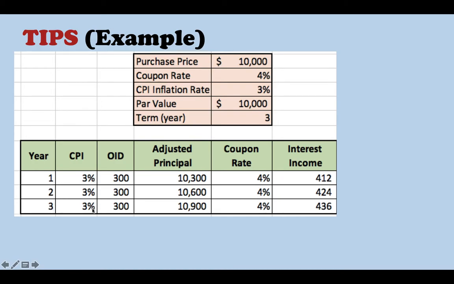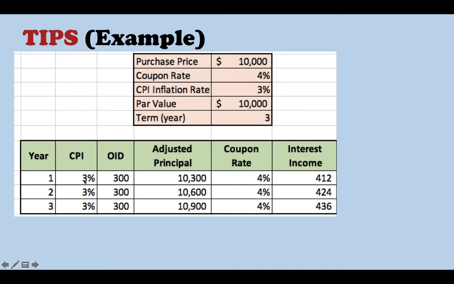Then the OID is the inflation rate times the par value. So every year you get an OID. This is called original issue discount. Later I will tell you what's going on with this.